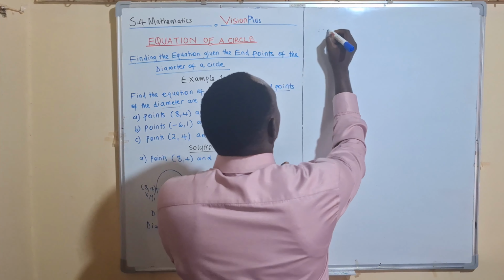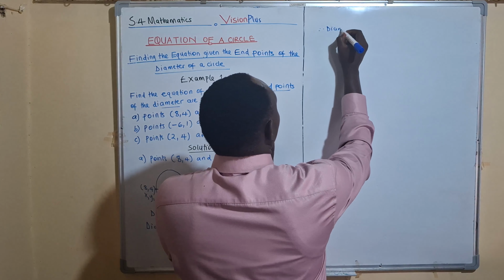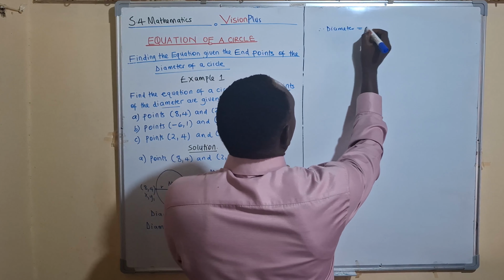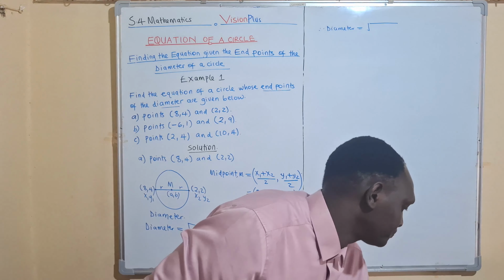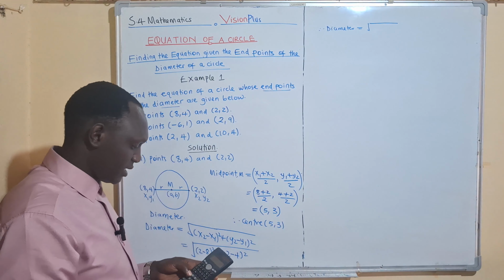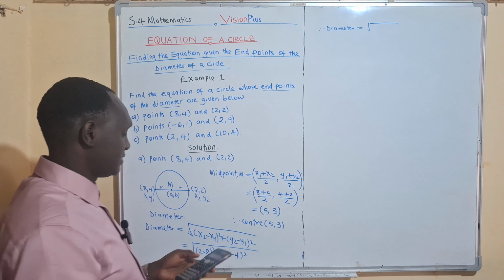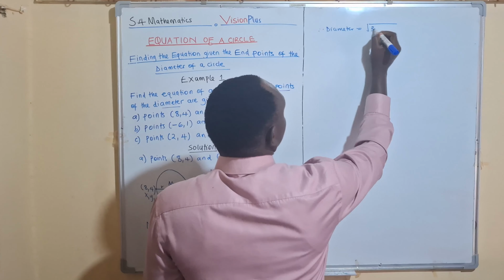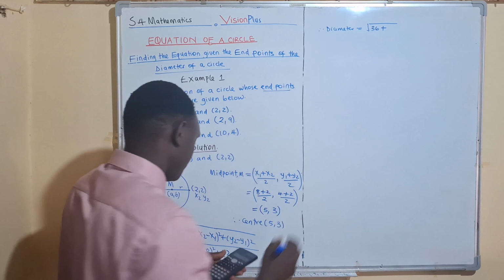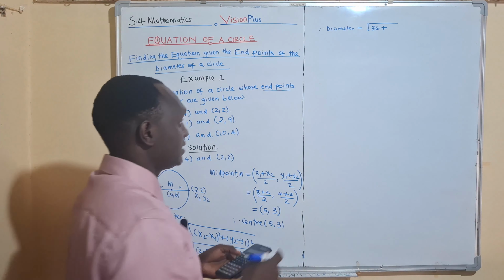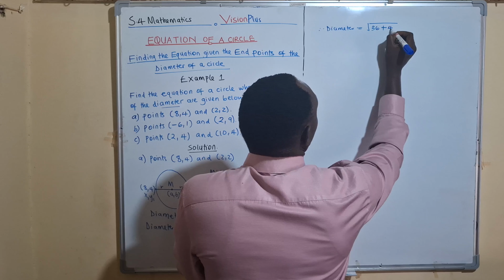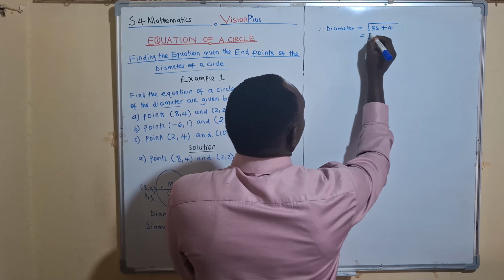So therefore my diameter, on simplifying that, becomes the square root of, using the calculator, 2 minus 8 squared, 36, plus 2 minus 4 squared, which is 4. So I'm getting the diameter as root of 40.